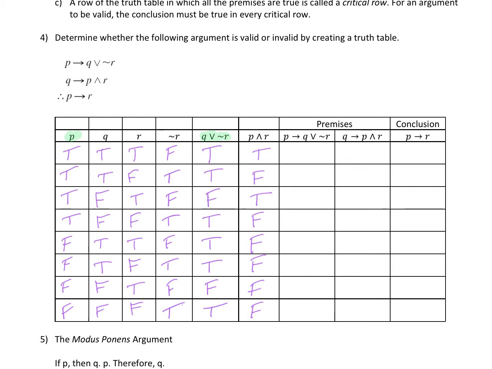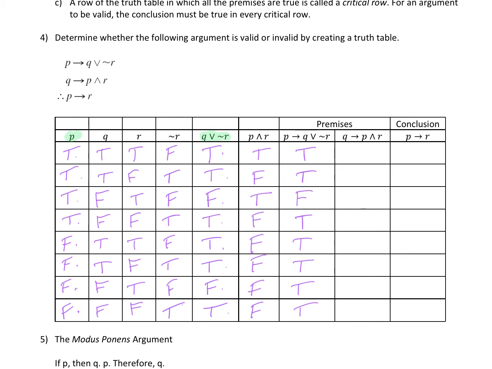So I'm looking for true, falses, and that will give me a false. So I have true, true, true, true, true, false. That gives me a false. Then I have true, true, false, true, false, true, false, false, false, true. So I only have one false in this whole column. The rest are true.